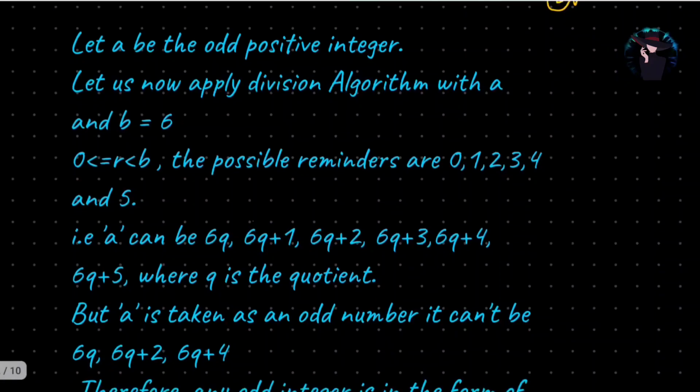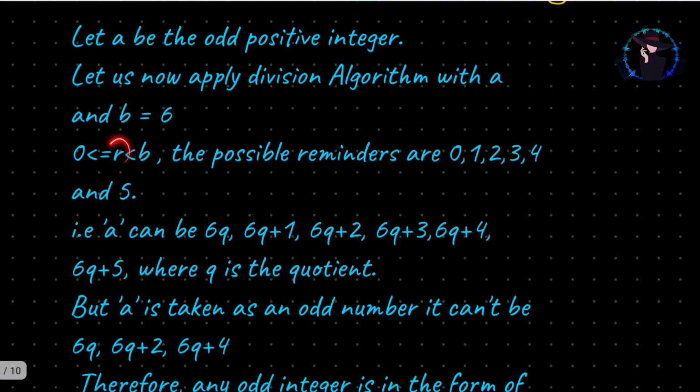So now what should be the value of r here? When we take b equal to 6, then r should be less than b, from 0 to less than b, which can be till 5. So the values of r are 0, 1, 2, 3, 4 and 5, right? That is, a can be expressed as bq plus r, which means 6q plus 0 will be 6q.